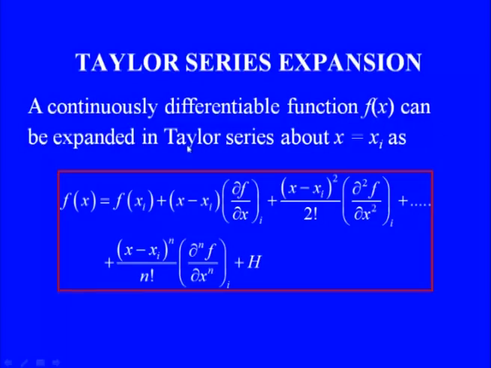So f(x) can be expanded in Taylor series about x equal to xi as f of xi equal to the value of the function at point xi, plus (x minus xi) times the first derivative of f at point xi, plus (x minus xi) squared divided by factorial 2 times the second derivative of f at point xi, plus other derivatives, plus the nth term (x minus xi) to the power n divided by factorial n times the nth derivative of f at point xi, plus higher order terms.